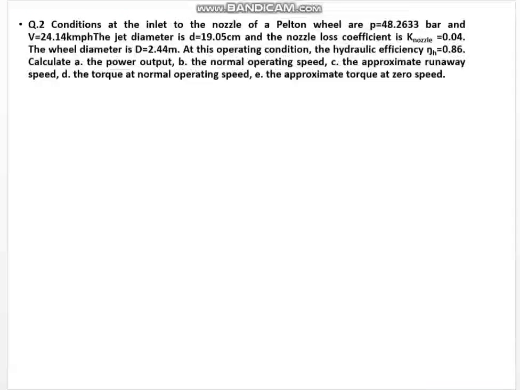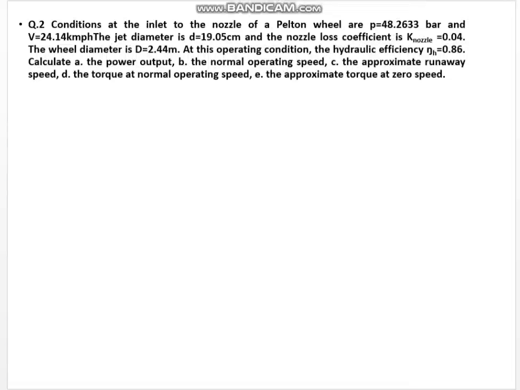The wheel diameter is D, capital D, equal to 2.44 meter. At this operating condition, the hydraulic efficiency is 0.86. So we have to calculate A, the power output, B, the normal operating speed, C, the approximate runaway speed, D, the torque at normal operating speed, E, the approximate torque at zero speed.